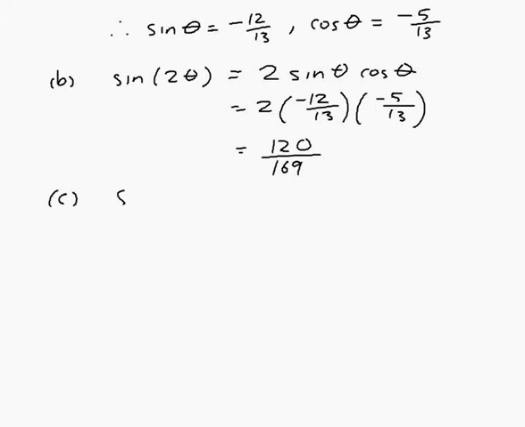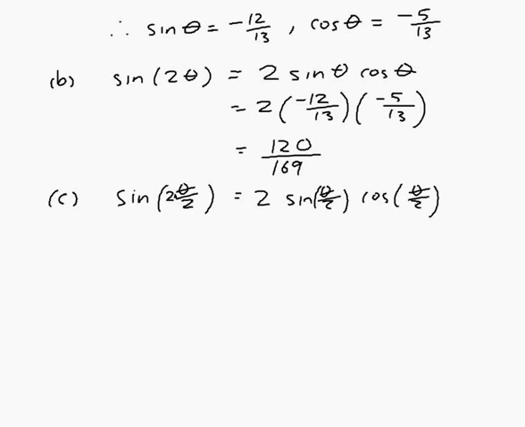So for part C, I needed to find sine of theta on 2. Well, I would use a formula, but I don't know a formula for sine theta on 2. But I do know that if I had sine 2 times theta on 2, then that would be 2 sine theta on 2 cos theta on 2.